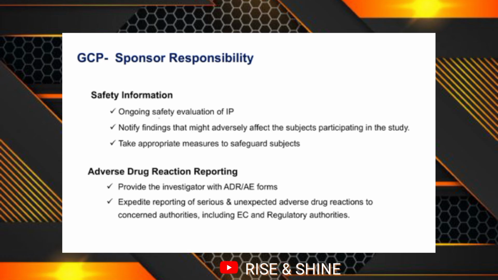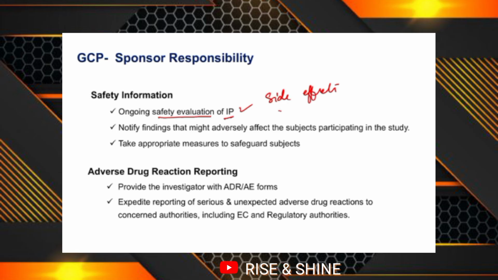Another sponsor responsibility is safety information. What are the known side effects of the investigational product? These will be mentioned in the investigator brochure. Tomorrow, suppose there is any serious adverse event or adverse event, the investigator will first look at the investigator brochure, and if it is already mentioned there, they will come to know that it is known.